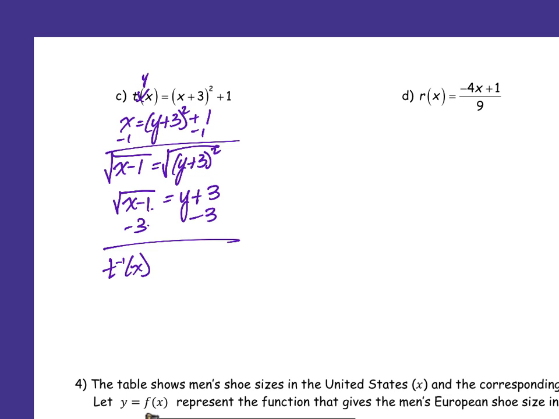Square root kind of acts as a parenthesis. So that would equal the square root of x minus 1, minus 3. If you don't like to write it that way, I could also put the negative 3 in front and write negative 3 plus the square root of x minus 1. That way it doesn't look like it's minus 1 minus 3. Does that make sense? Either way is acceptable, whichever way you like to write it.